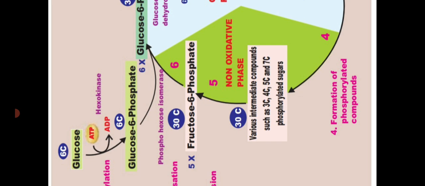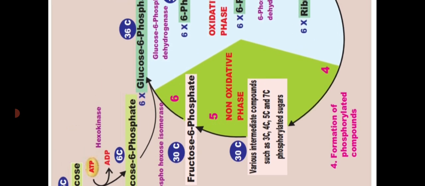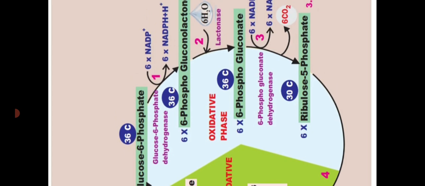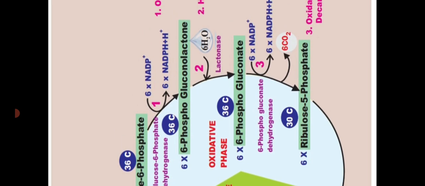Then the glucose 6-phosphate, which is a 6-carbon compound, is converted into 6-phosphogluconolactone, a 6-carbon compound, by the reduction of NADP into NADPH2.